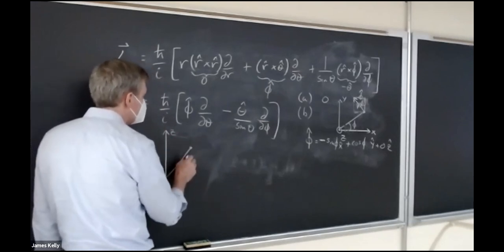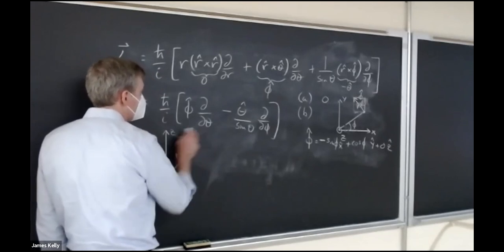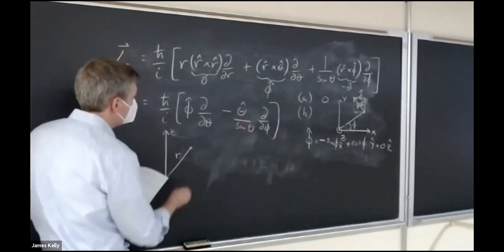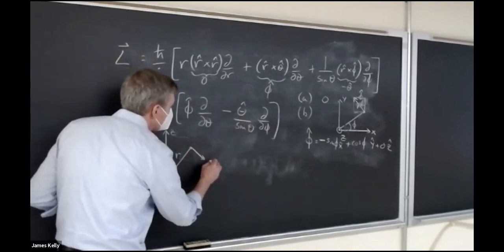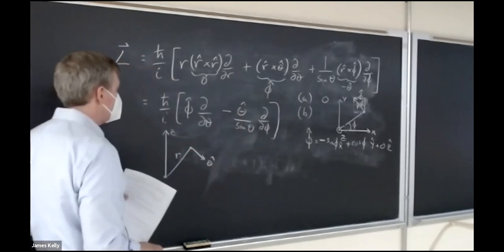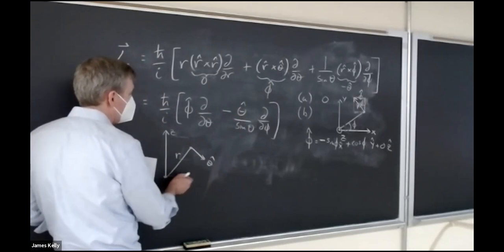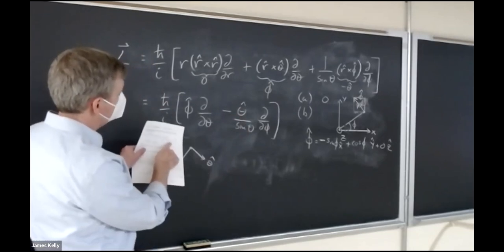So here's the distance we're calling r. Here's the vector r hat going in that direction. We're concerned with theta hat, right? Theta hat points in this direction.